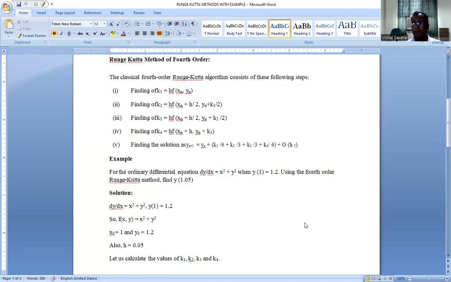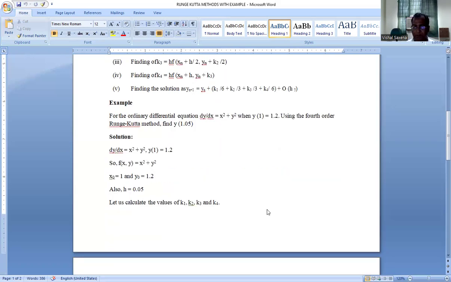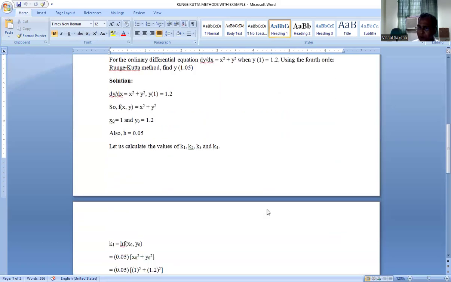Another h can also be taken. So h is taken as 0.05, and now we will find the values of four different terms: k1, k2, k3 and k4.